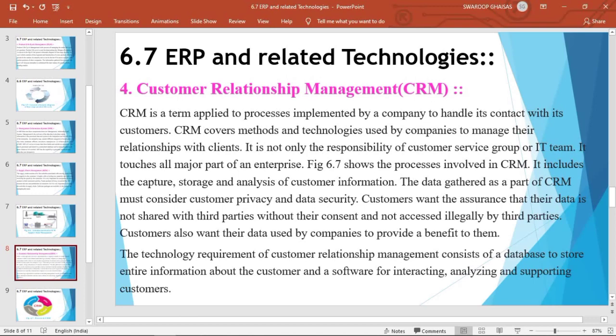So the CRM process consists of different technologies and methods to manage the relationship with customers. It is not only the responsibility of the customer service group or IT team, but the responsibility of the whole enterprise. It touches all major parts of the enterprise.